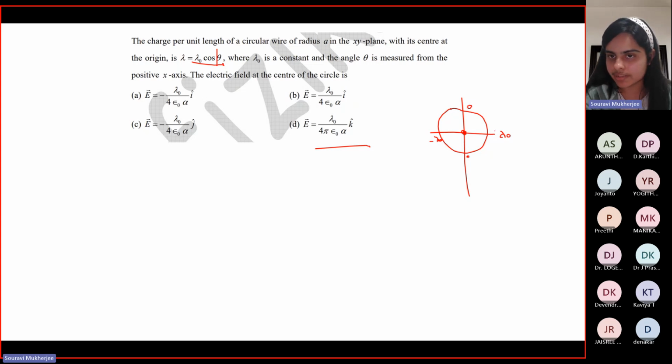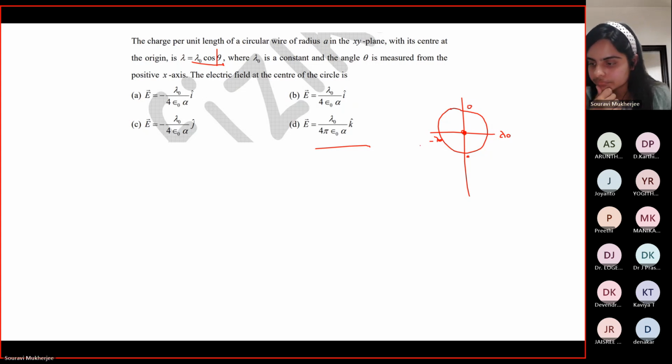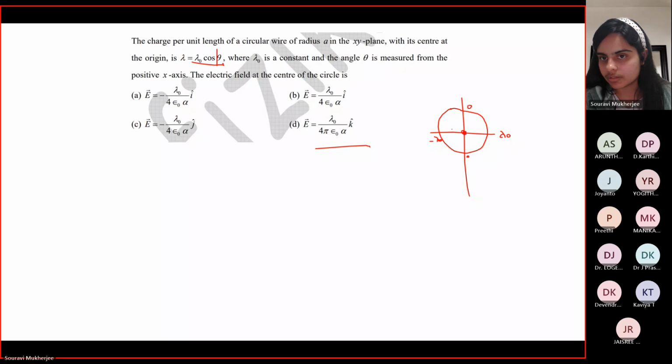All around you will have some positive charge, first positive, gradually decreasing to zero, and then gradually becoming negative, right? Now if you think of some positive charge, and this is your point, how should the field lines be? And similarly, you have some negative charge here. What should be the field lines here? What should be the direction? Are you guys trying, or should I tell the answer?